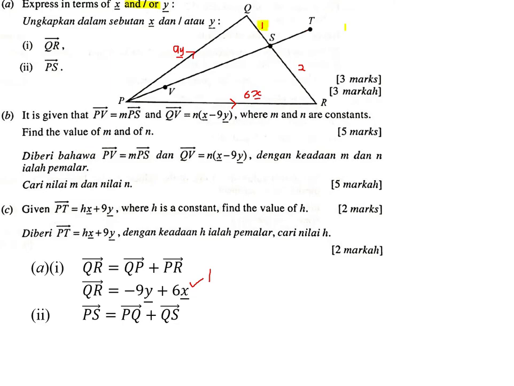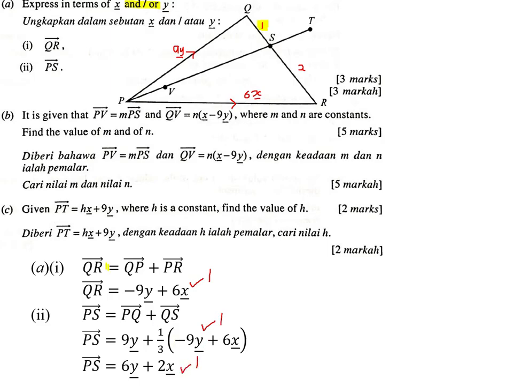We have to divide the QR by 3. So in other words, we multiply the QR with 1 over 3. So we are going to get 6y plus 2x. 1 mark for your working step, 1 mark for your answer, 6y plus 2x.